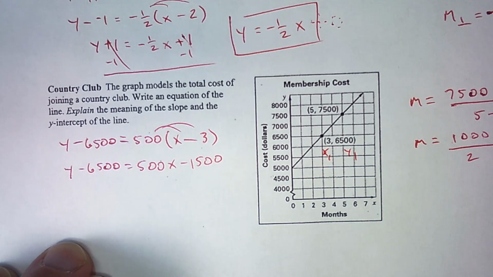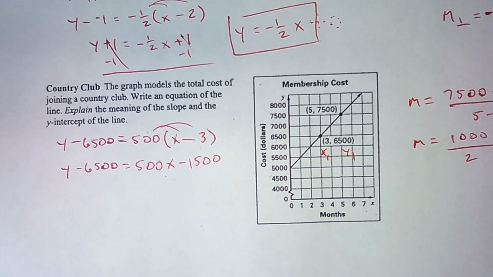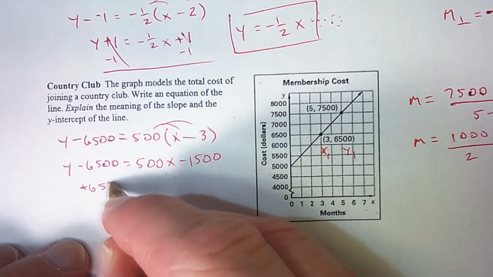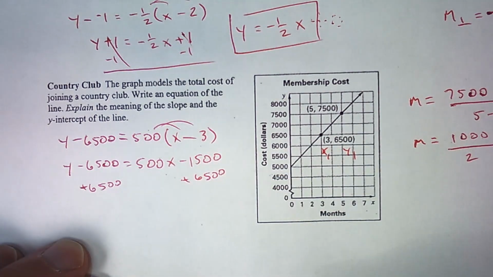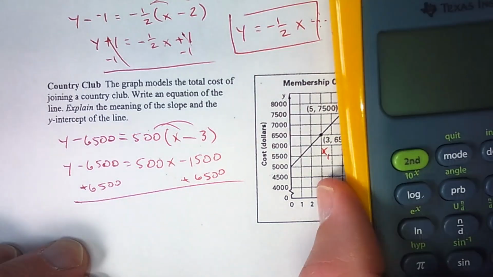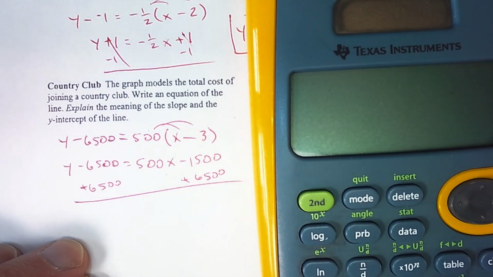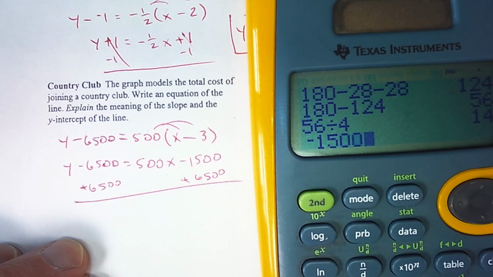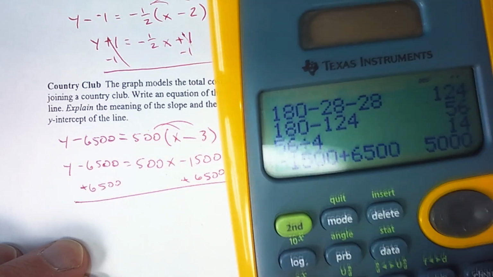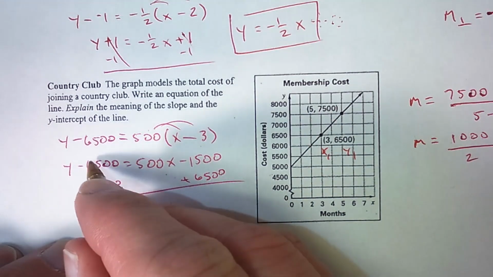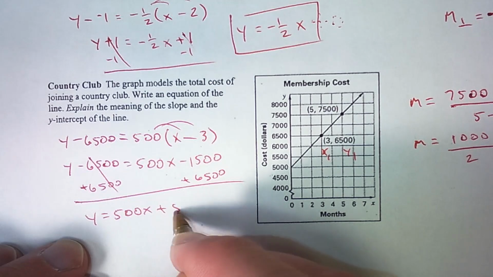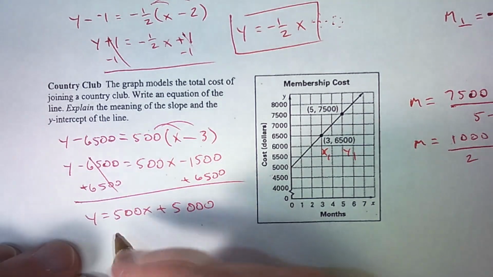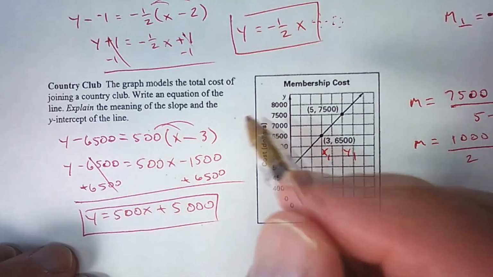Okay, now we will add 6,500 to both sides. When we add that, we've got negative 1,500 plus 6,500 equals 5,000. So we get y equals 500x plus 5,000. So there is the equation of the line.